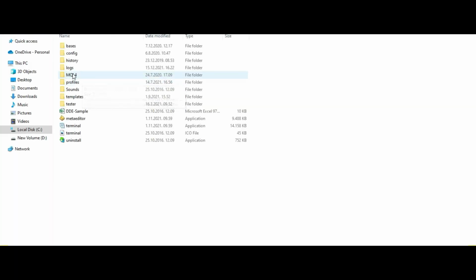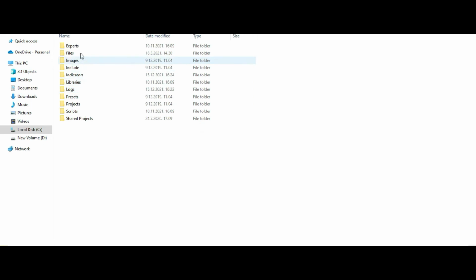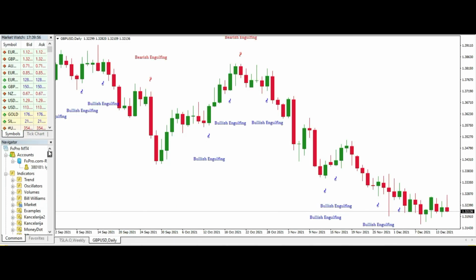You will get MQL4, and here in the Indicators directory you can download your file, and after that you just need to refresh. Here where the indicators are, you just refresh and you can easily find any indicator that you have in that folder. So to install and use this indicator or any other MetaTrader 4 indicator, it's very easy. There's no problem there.